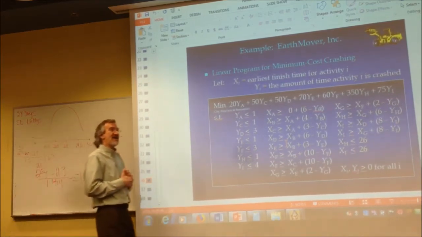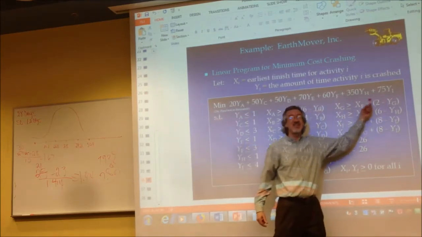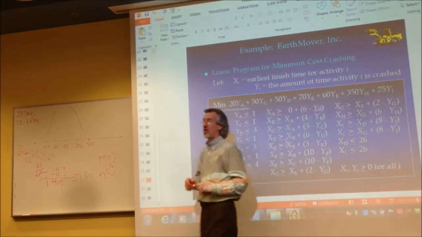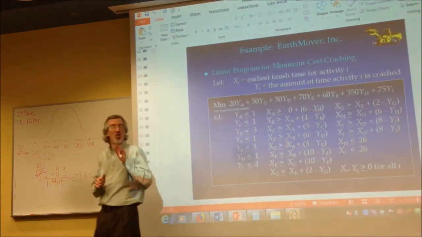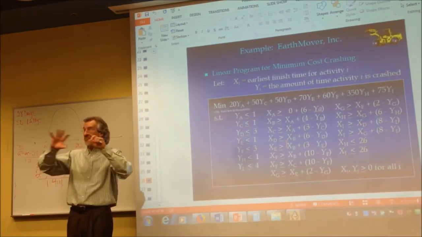The y variables are always the ones you put in the objective function when you're crashing a project. Let me say that again. The y variables for the activities are the ones you use in the objective function.